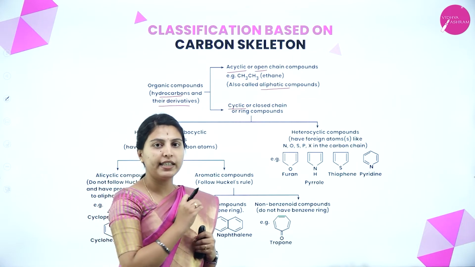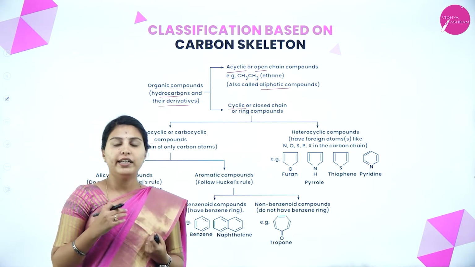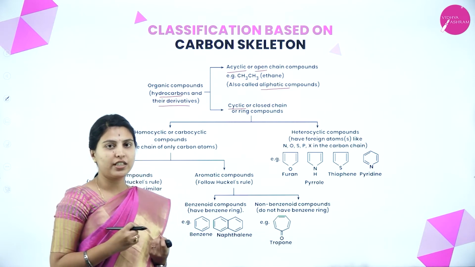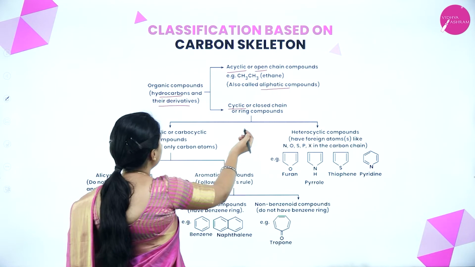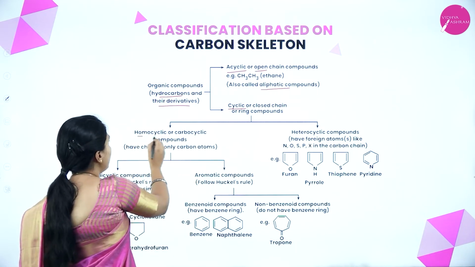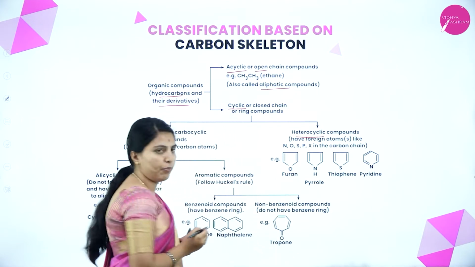It will not be in a single chain, it will be in a closed structure, containing a ring structure with hetero atoms. So the cyclic compounds is further divided into homocyclic and heterocyclic compounds.